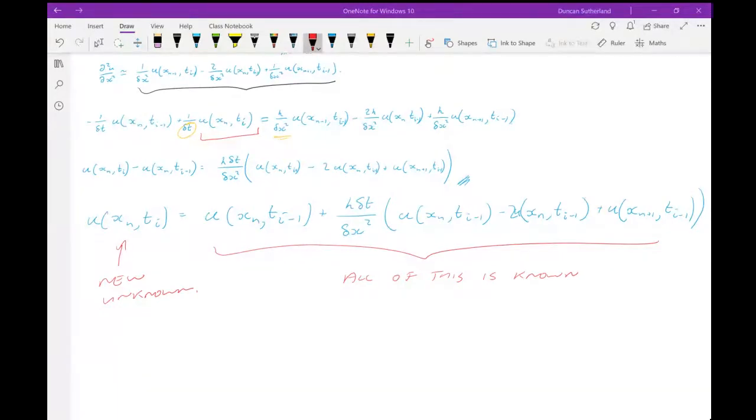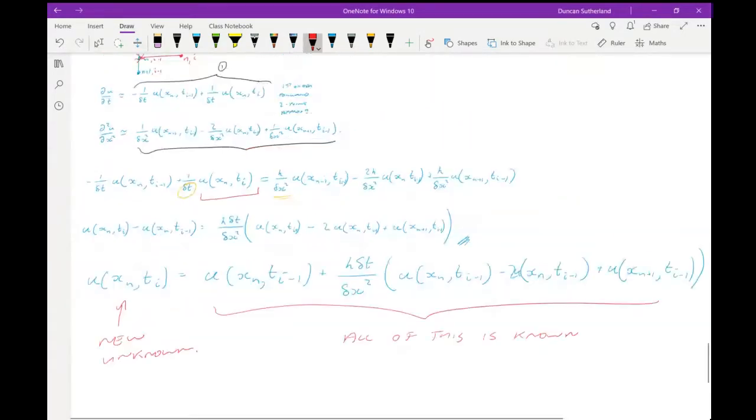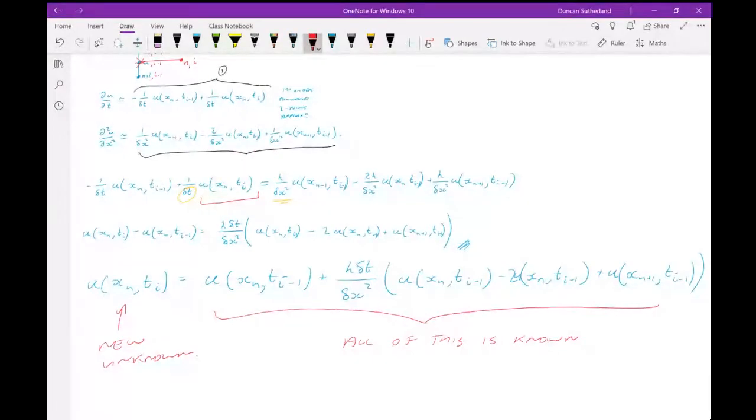All right, so I'll just pause there. Is everyone happy with this? We're not totally lost. We've used our finite difference approximation to the second derivative in space and the first derivative in time to construct this big, long, awful looking expression.